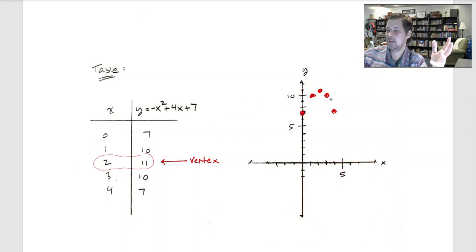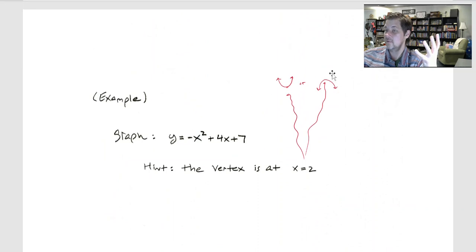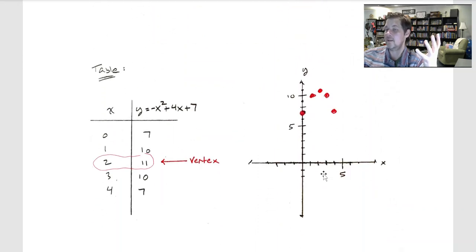So I plotted all these points on a graph, and sure enough, they do take on that pattern that I told you we would expect, either a right side up or upside down U. Okay, so yes, there is a visual pattern, and I believe that the rest of the points would lie somewhere on this curve like this.